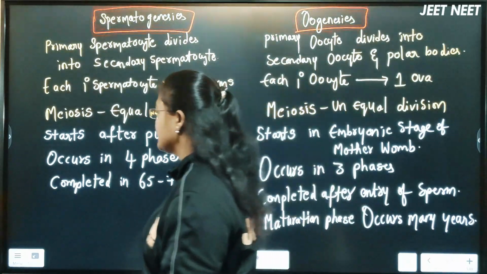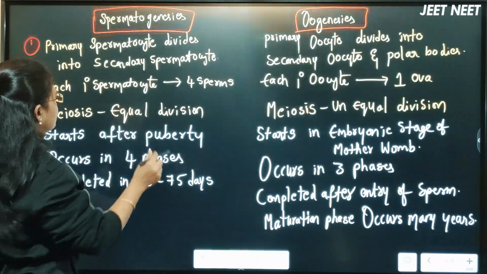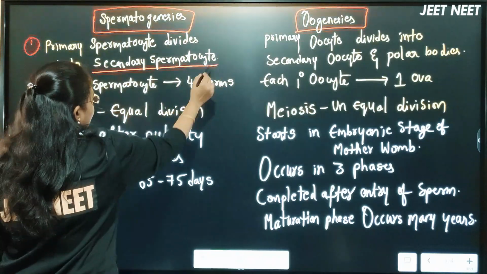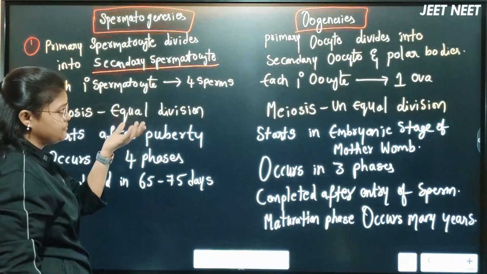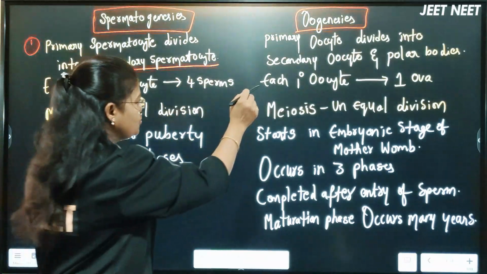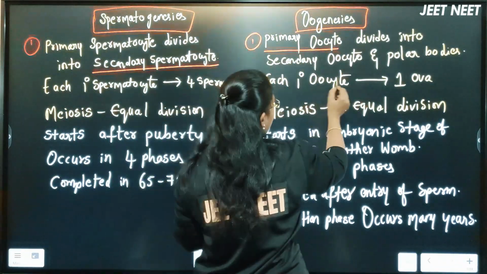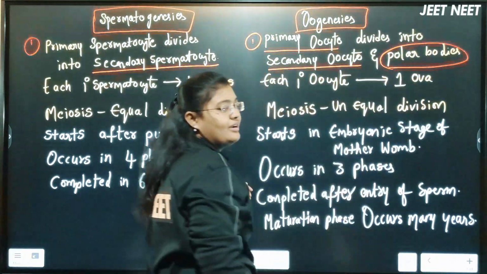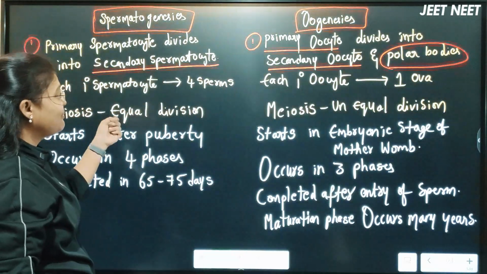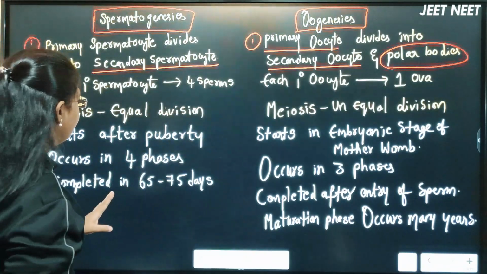In the spermatogenesis process, the primary spermatocyte divides into the secondary spermatocyte to produce the sperms, right? But here in the oogenesis, the primary oocyte will produce the secondary oocyte plus polar bodies. This is important. Here polar body formation will not happen. There, polar body formation will happen here.